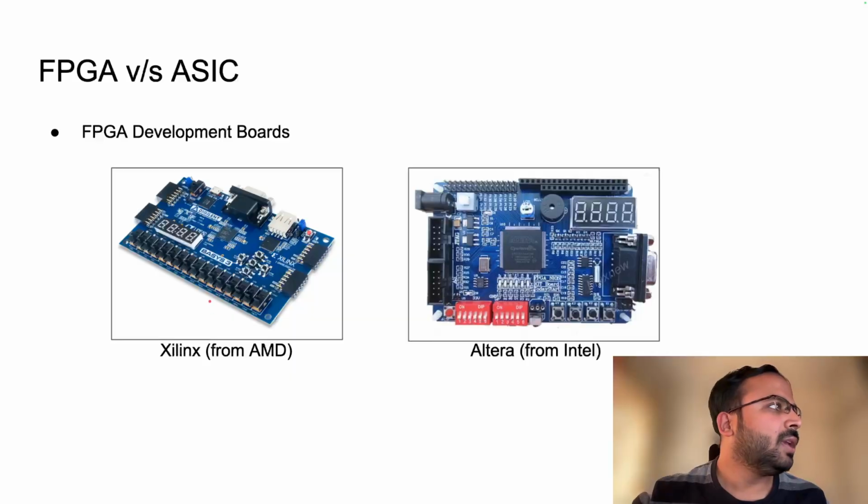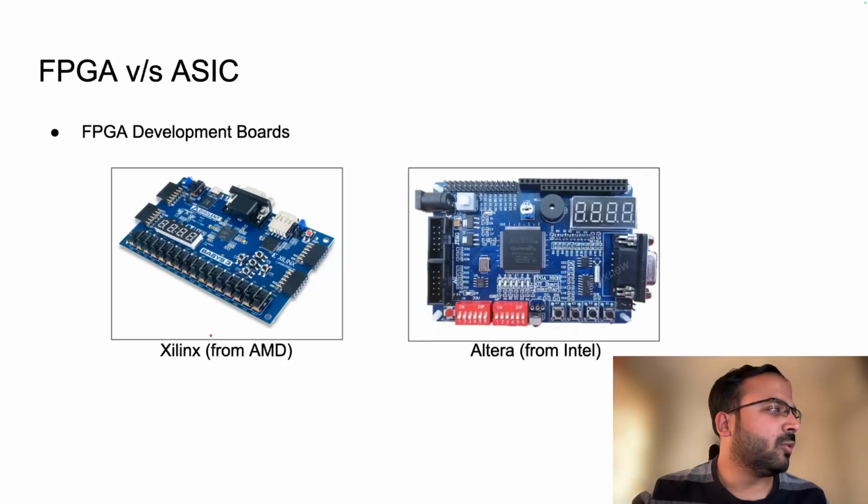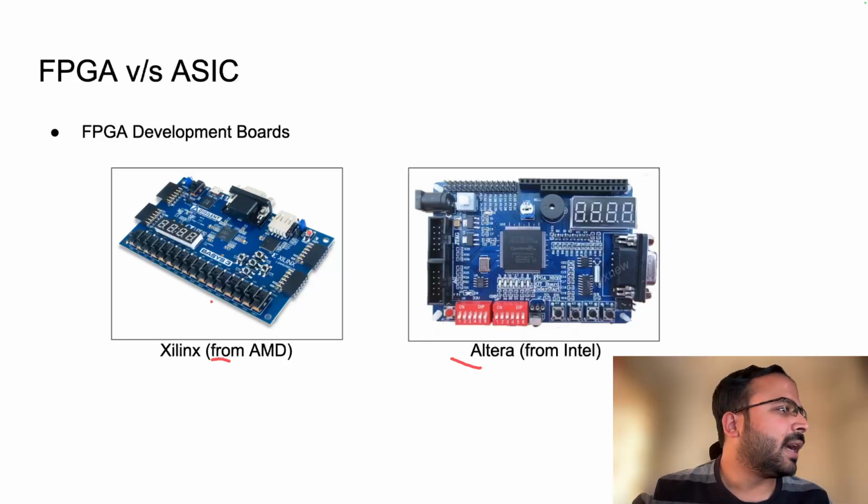We have basically two broad vendors for FPGA development boards. One is Xilinx, which was recently acquired by AMD, and then we have Altera, which is from Intel. You will have these input output blocks on the borders, and these are the peripherals, the LEDs.